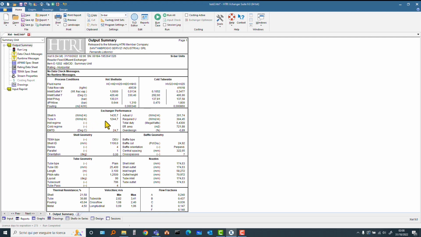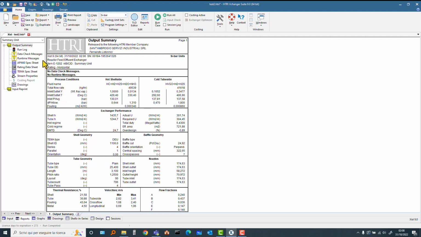The tube side coefficient is lower than the shell side. It's 1200 against 1400. So the idea is to increase the number of passes.